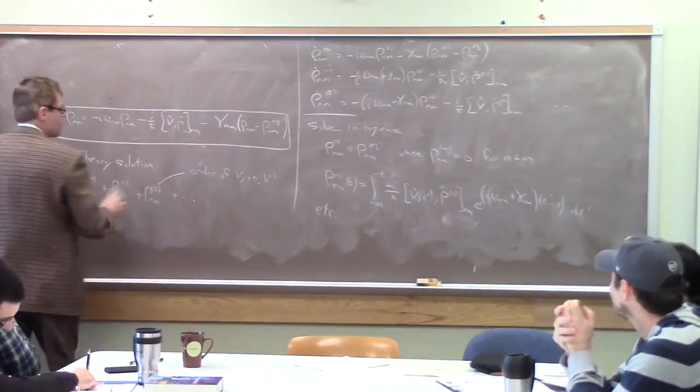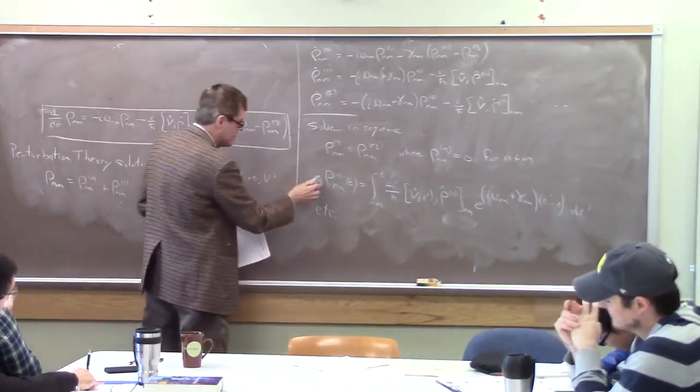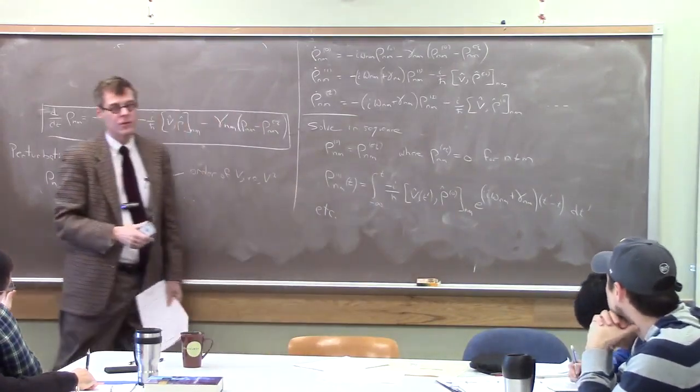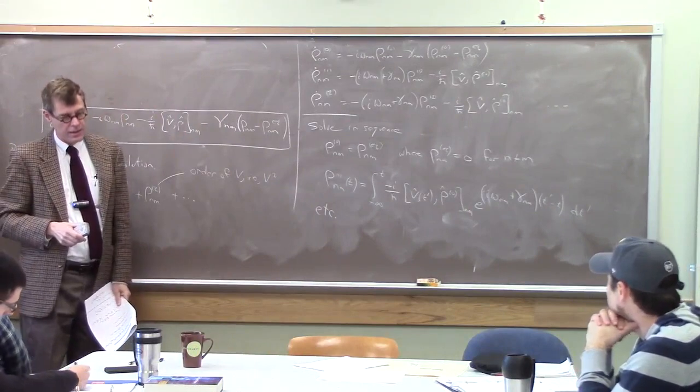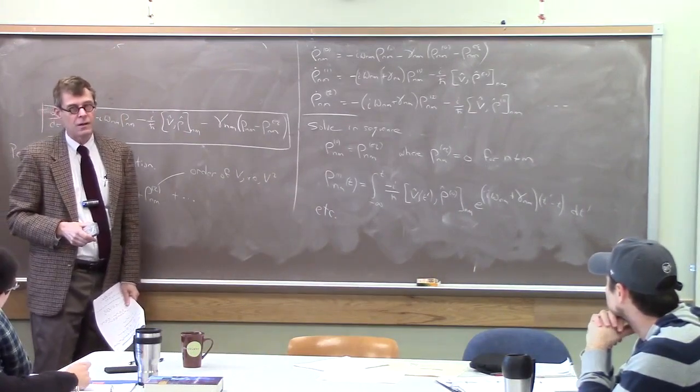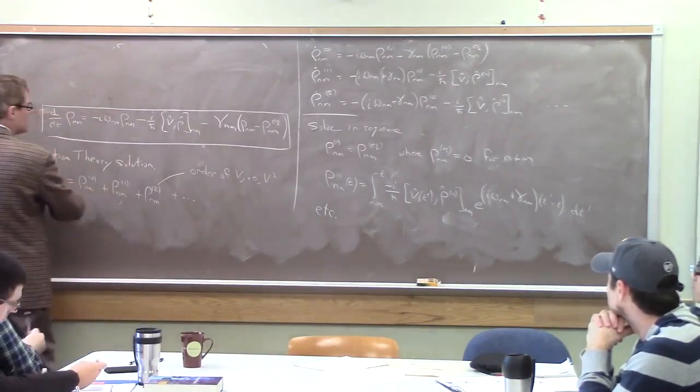Okay, so let's take this then. This is the first order correction to the density matrix. This will allow us to calculate the linear susceptibility. So let's do that.